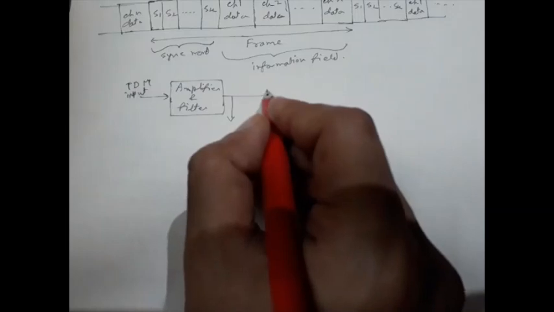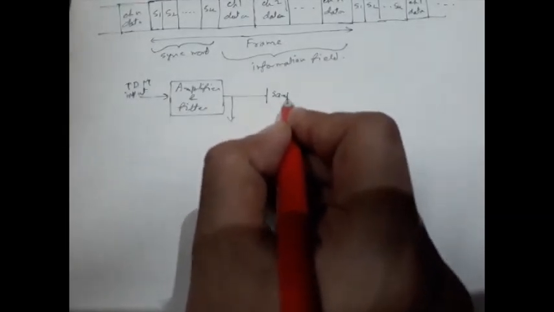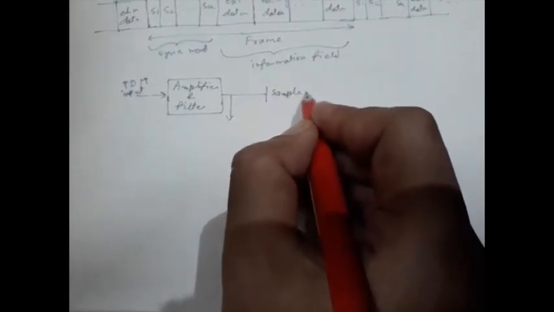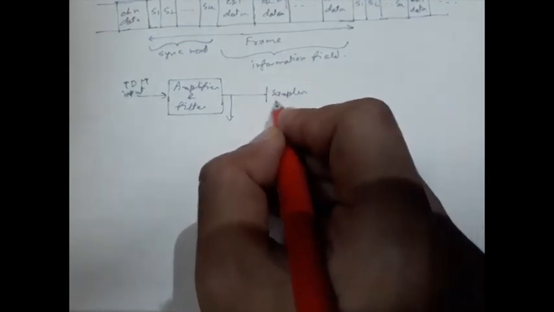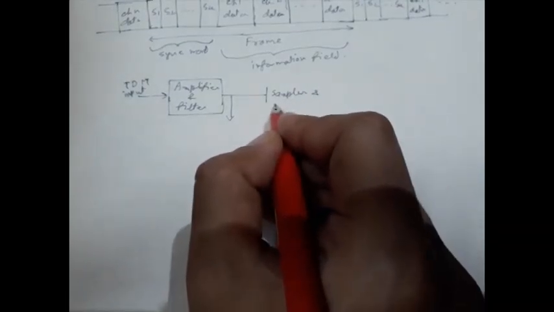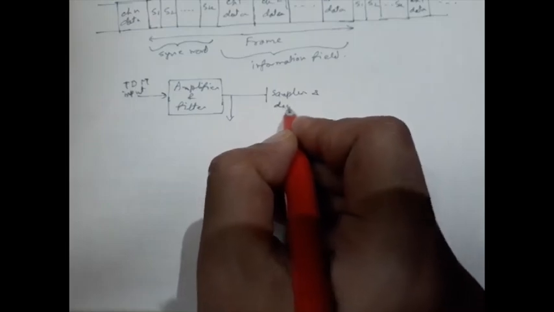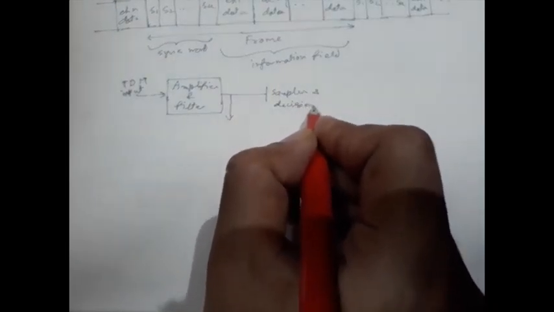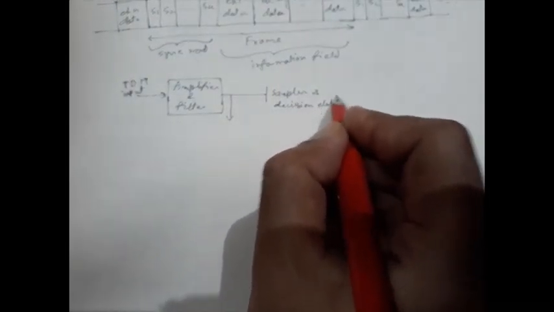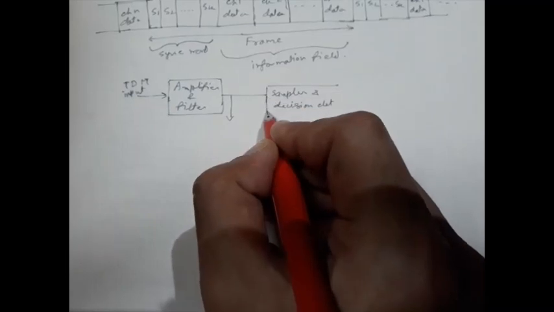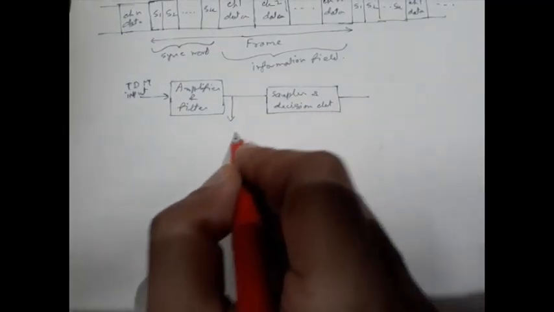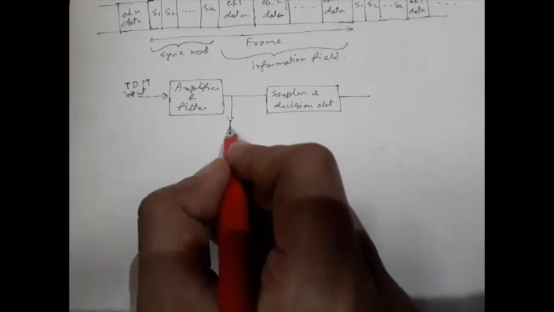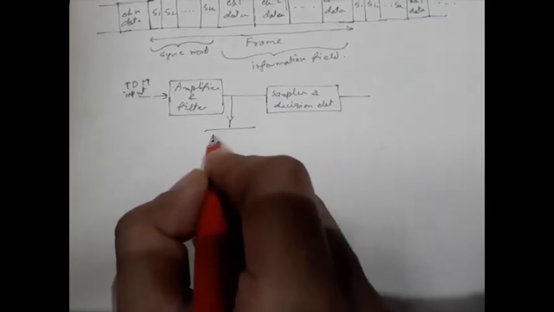Next, we have to take the sampler circuit and decision circuit, to decide whether we are receiving logic 1 or logic 0. But for that we require a clock.